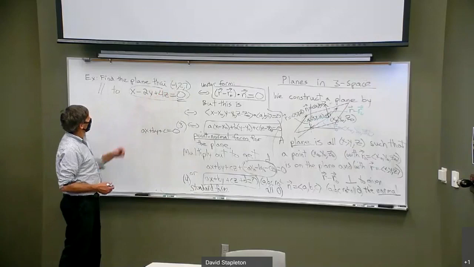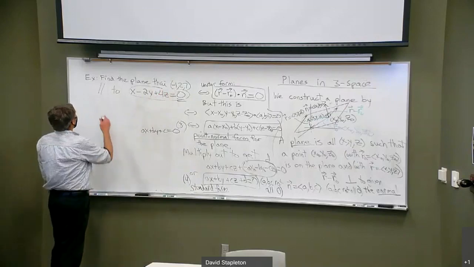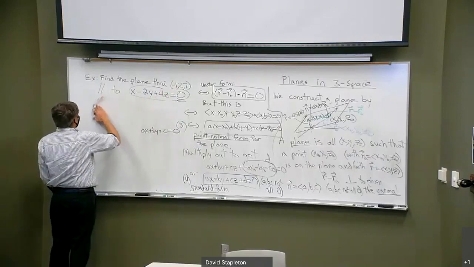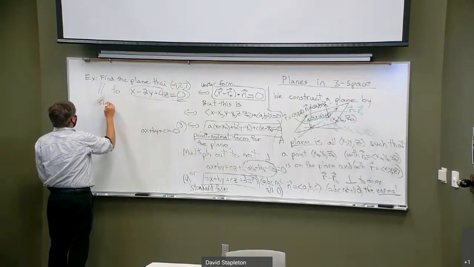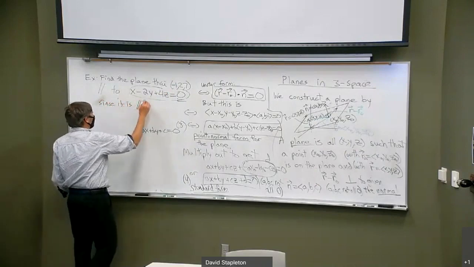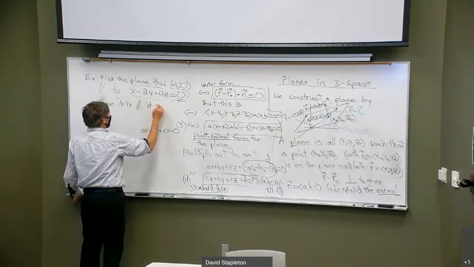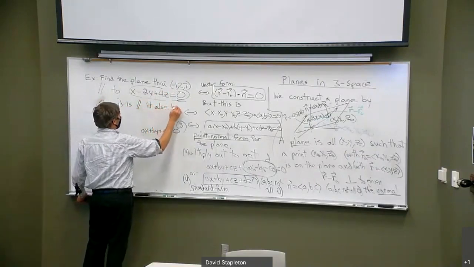Well, we know that it's a parallel plane, right? That's given. Since it is parallel, it has the same normal vector. You just read it off here.